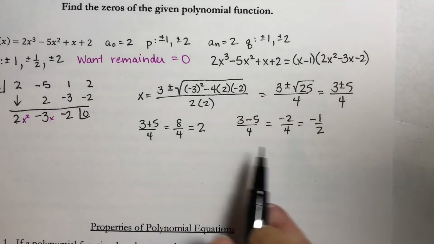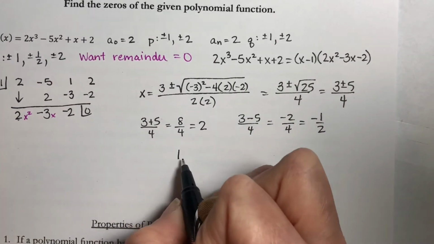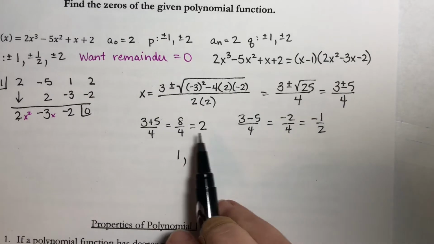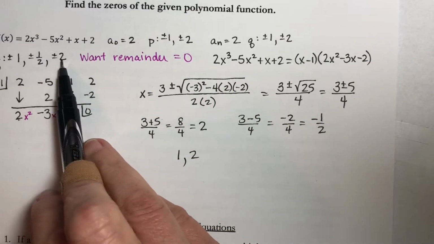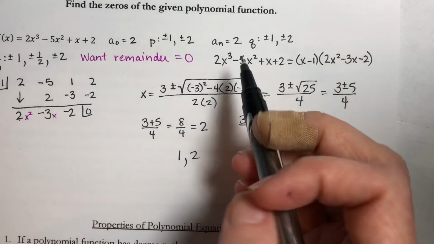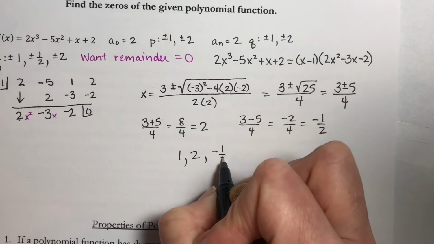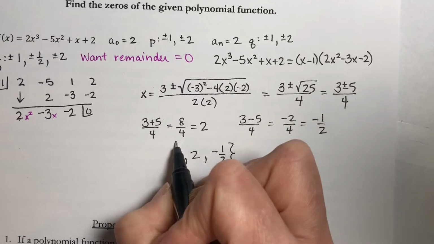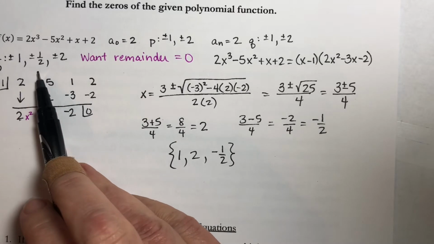So I have my 3 solutions here. My first answer was 1. My second answer is 2, and notice that 2 was on our list of possibilities. And our third solution is -1/2, which was also one of our 6 possibilities.